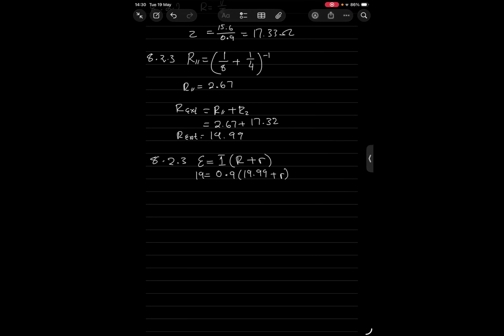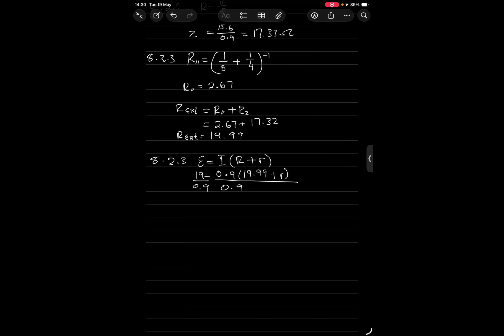Then you solve for r, right? From this point, then this divide by 0.9. What is it?